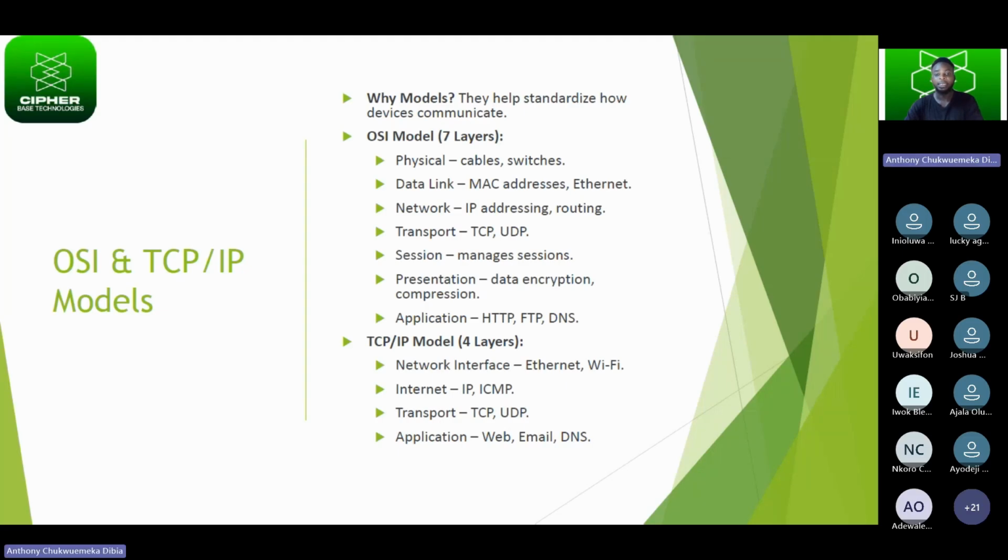So the physical and the data link, that is the network interface. Then the internet is the network in the OSI model. Then the transport is both transport, I think both transport and session, while the application layer is the presentation and the application. So you just use that to understand the TCP model.